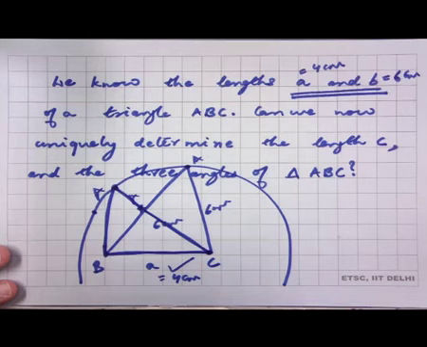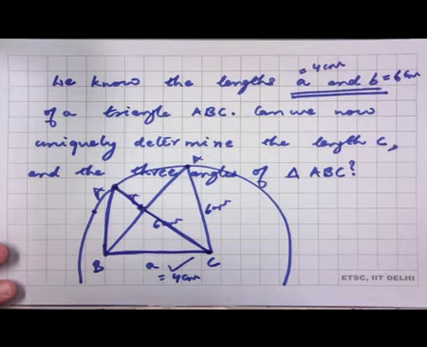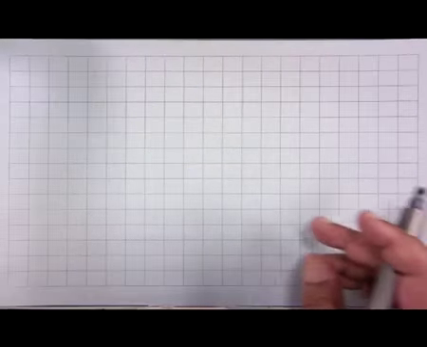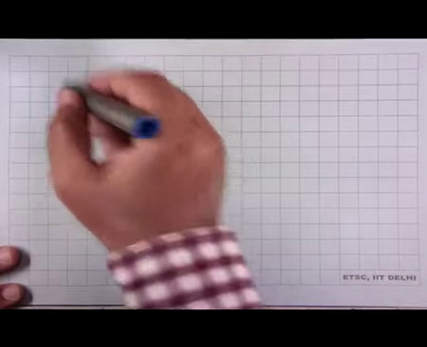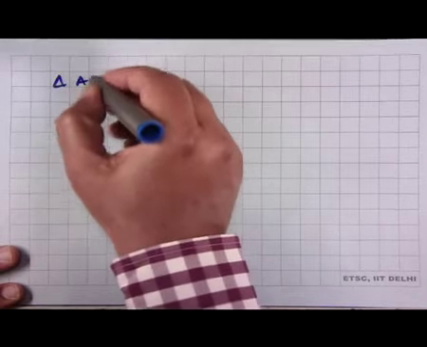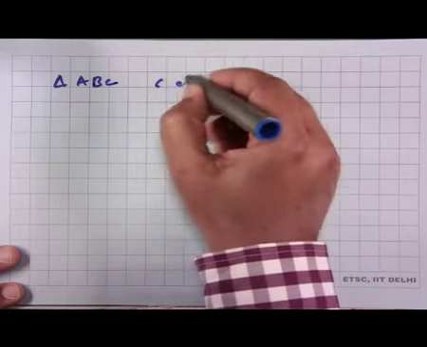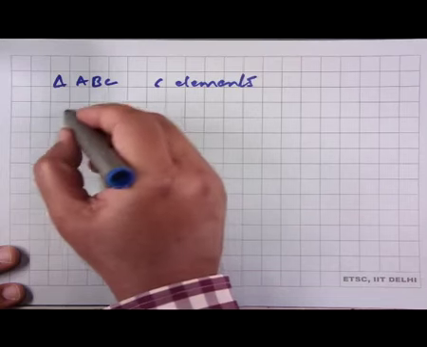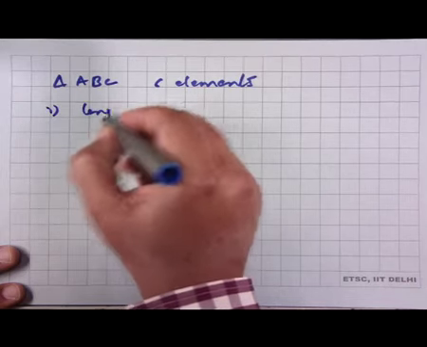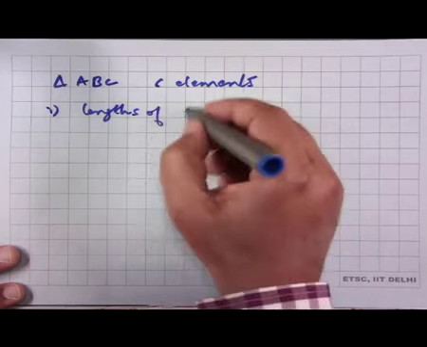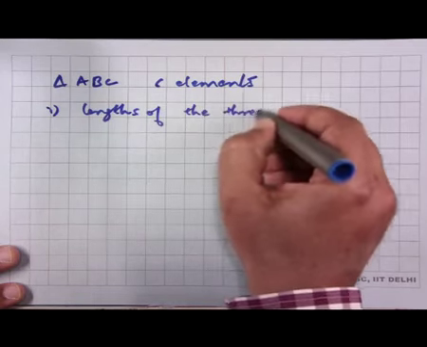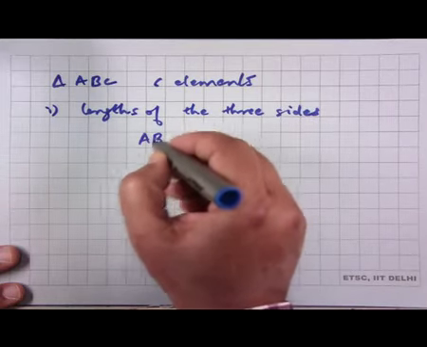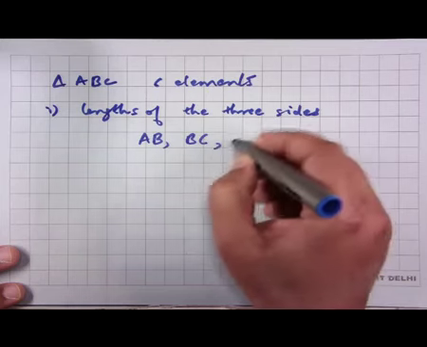Similarly, one can show that out of these six elements of the triangle. So, the 6 elements of the triangle are, in any triangle ABC, the 6 elements are the lengths of the 3 sides, so that is AB, BC, AC.